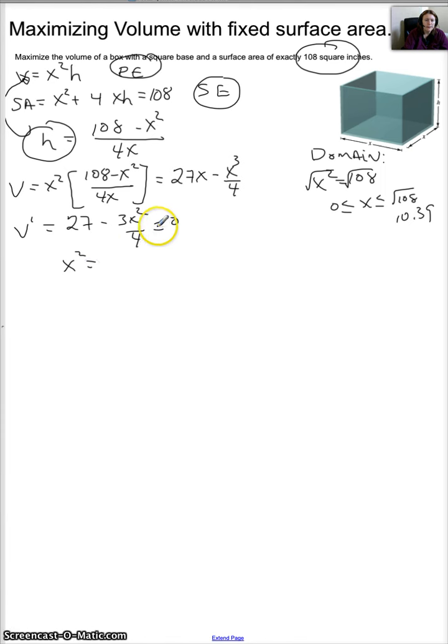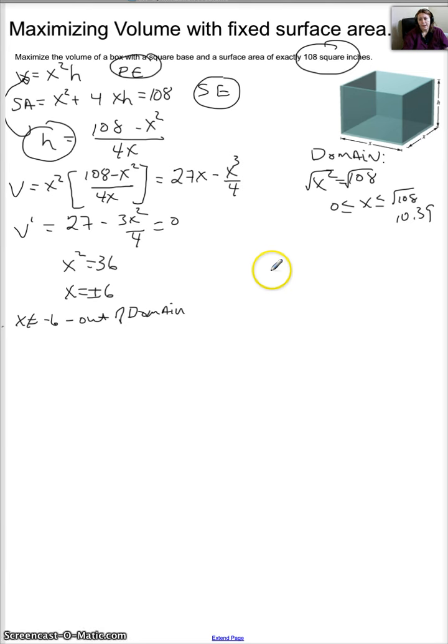So that's 27 times 4 divided by 3, which is 36. So this is a max or a min when x is plus or minus 6. Now you need to write this, even though you know x cannot equal negative 6 because it's outside the domain. Yes, I want you to write it.